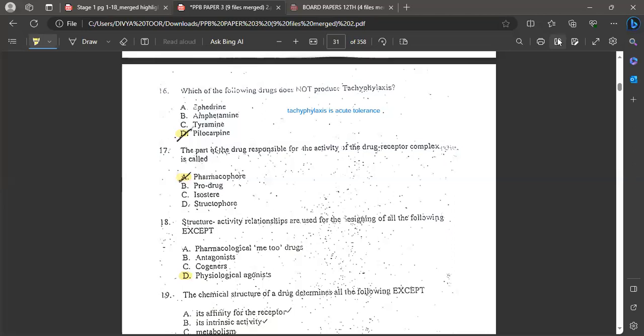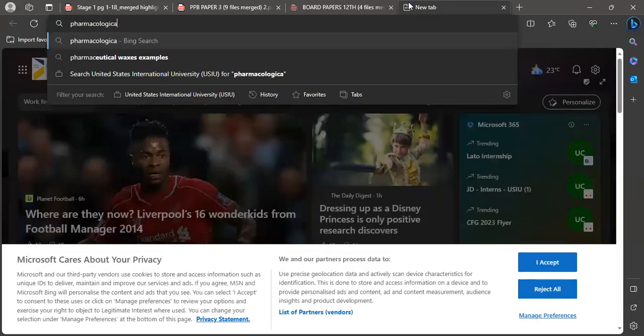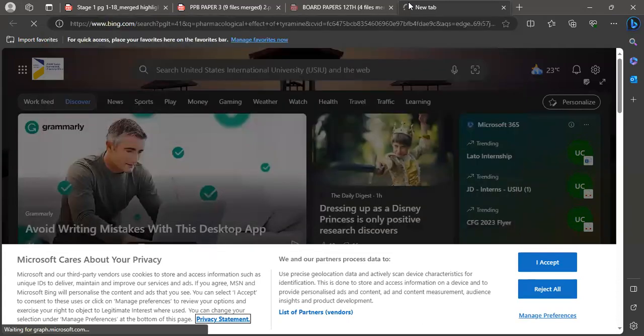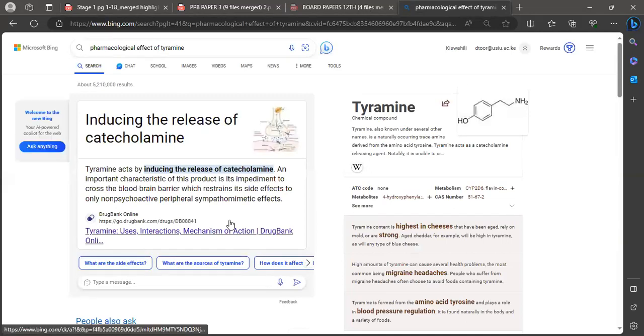And I think tyramine, if someone can just Google the pharmacological effect of tyramine, as much as it's found in food, it does interact with the MAO enzyme somehow. It's a sympathomimetic.